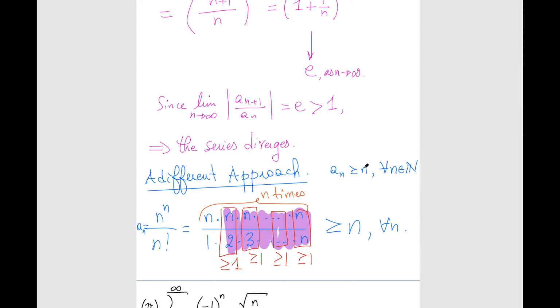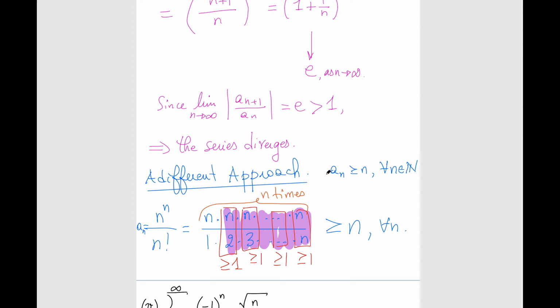If you let n go to infinity, that guy is going to blow up, and this guy is at least this much, so it also has to blow up. Agree with that? So a_n goes to infinity as n goes to infinity, because it's bounded below by something that blows up. I hope it's making sense.